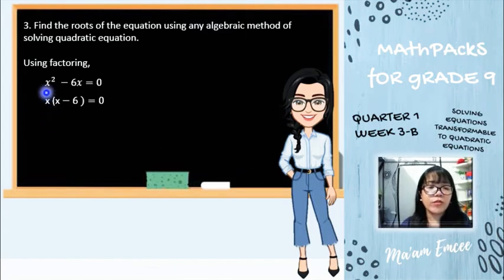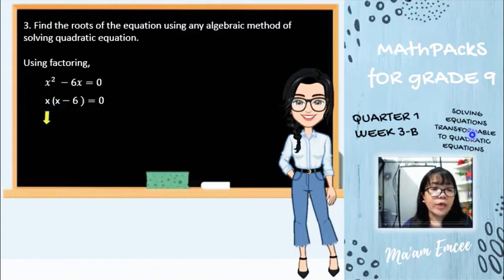In order to get the other factor of x squared minus 6x, we need to divide this by x. So x squared divided by x is equal to x. Negative 6x divided by x is negative 6. So the two factors of x squared minus 6x are x and x minus 6.